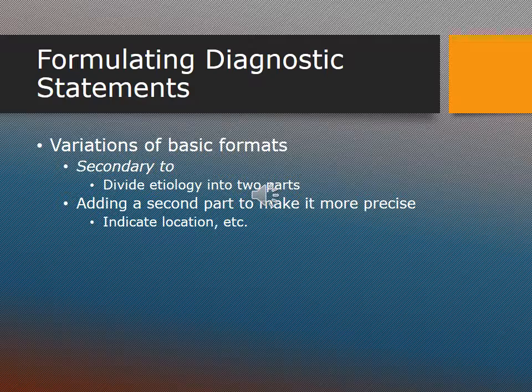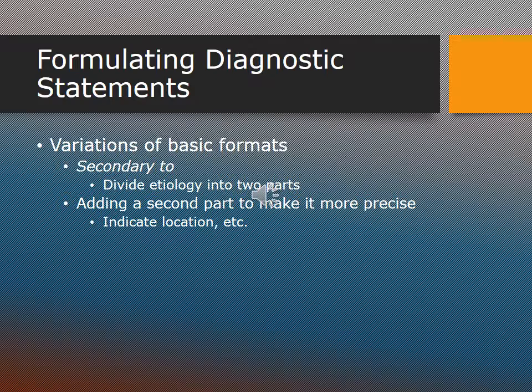So if we're going to say something is secondary to, we might say someone has impaired swallowing, so they can't swallow or they don't swallow effectively, related to maybe it's neuromuscular involvement, but we want to add more to that etiology. Now, one cardinal rule of nursing diagnoses is our etiology should never be a medical diagnosis because we are not licensed to treat medical diagnoses.